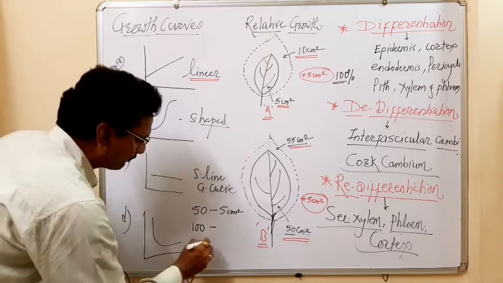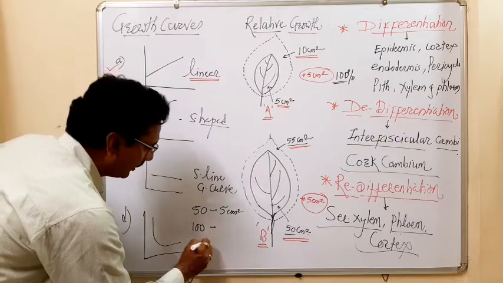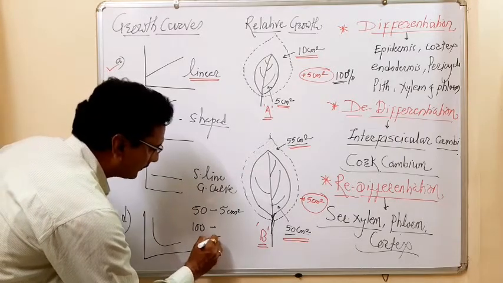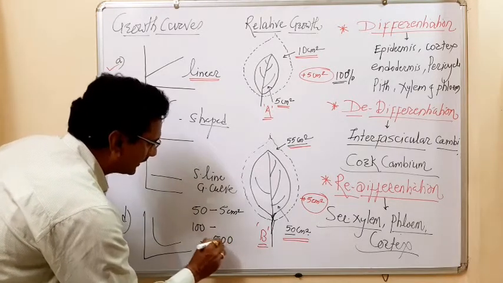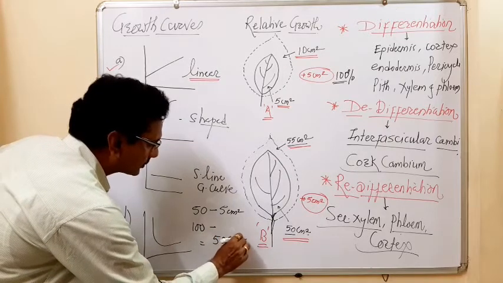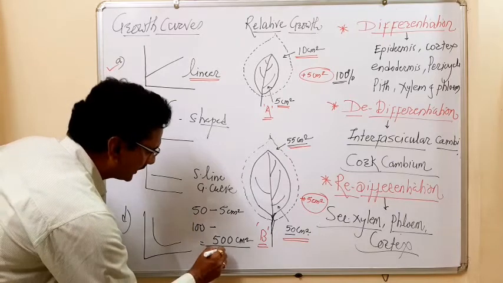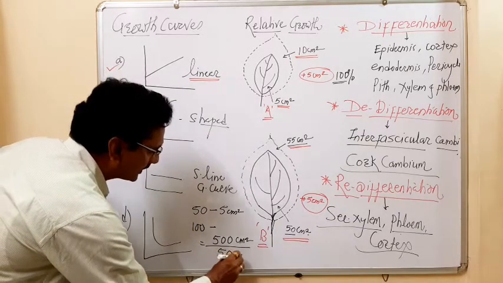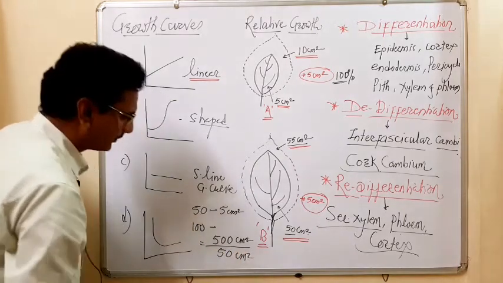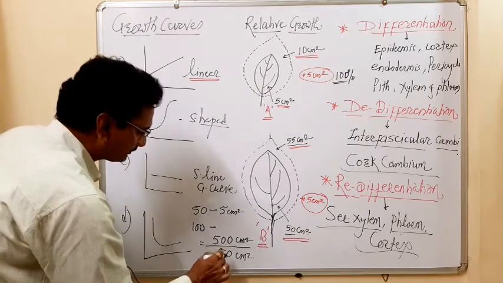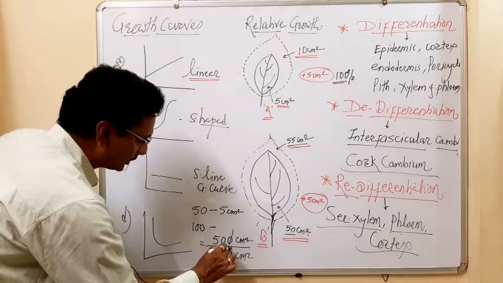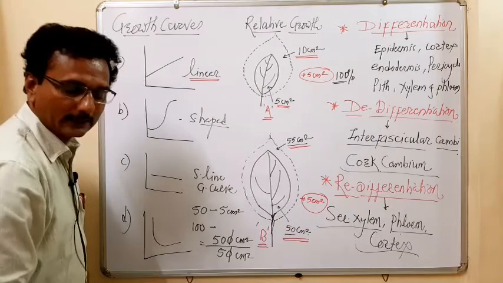So how can we write this? 5 centimeter square divided by the initial growth, which is 50 centimeter square. The 0 and this 0 get cancelled.